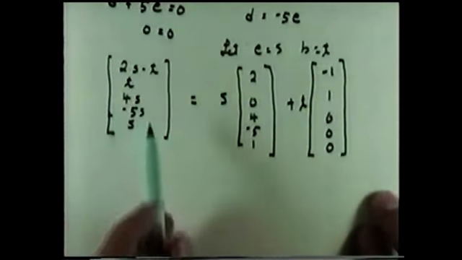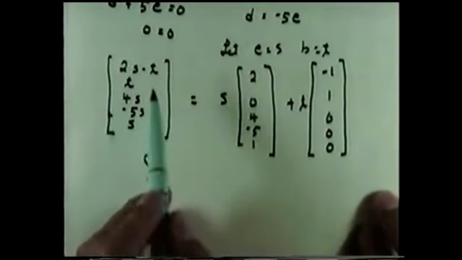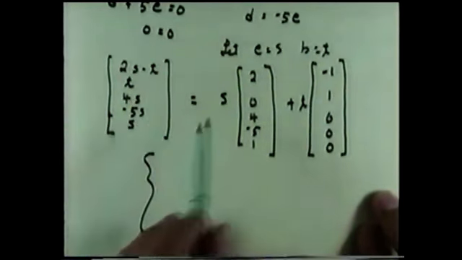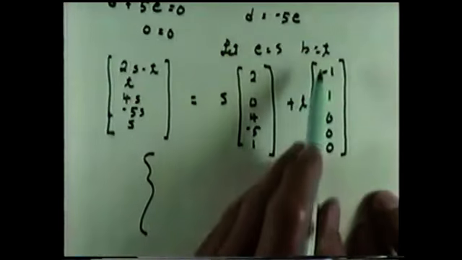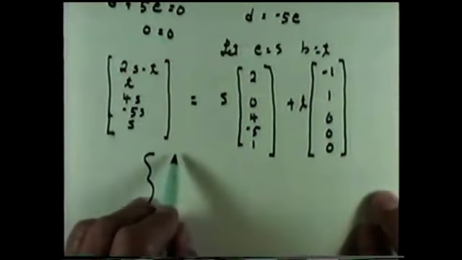So we see that the kernel of T is a linear combination of these two vectors. So those two vectors would be a basis.